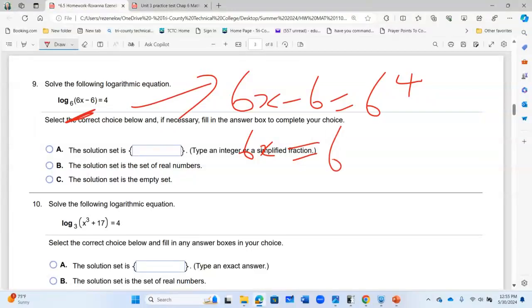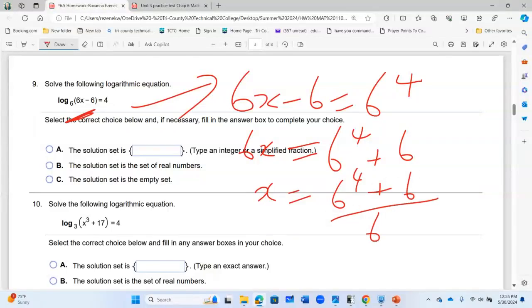It's equal to 6 to power 4 plus 6. And then I can solve x is equal to 6 to power 4 plus 6, divided by 6. Then I'll put it into my calculator. At this point, you can finish solving it. It's no longer difficult to solve.